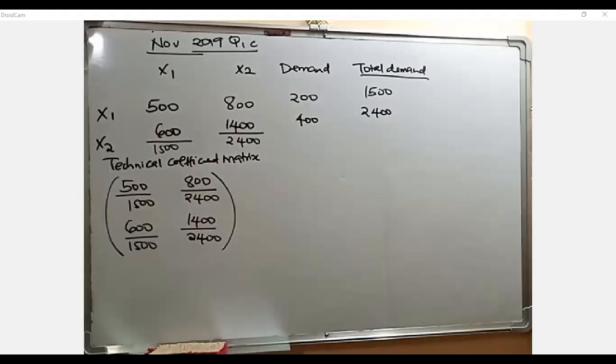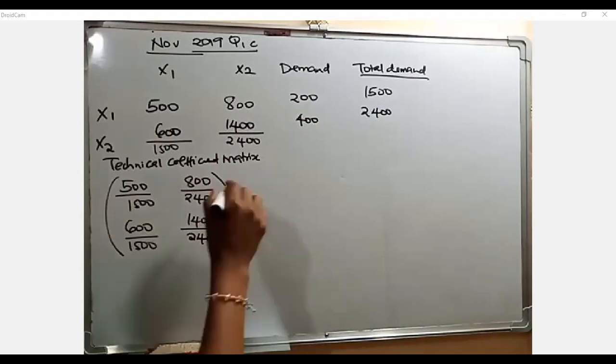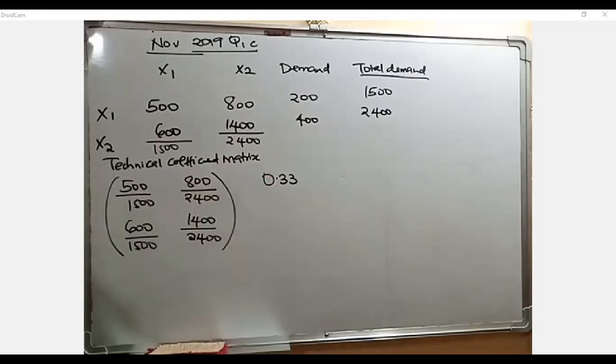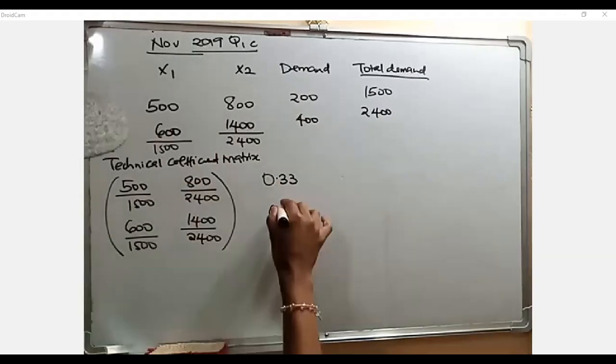Now in our case, the first one is 500 divided by 1500, which gives 0.33. The second one is 600 divided by 1500, giving 0.4.